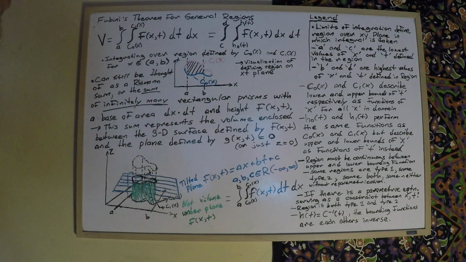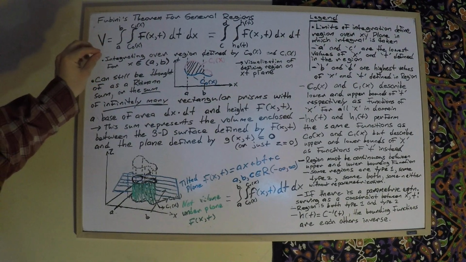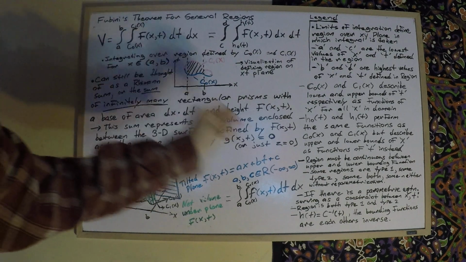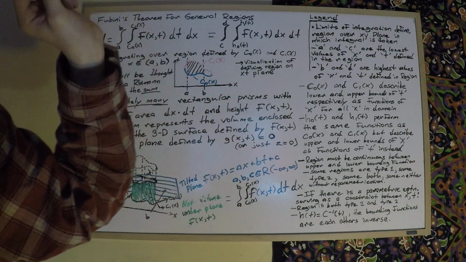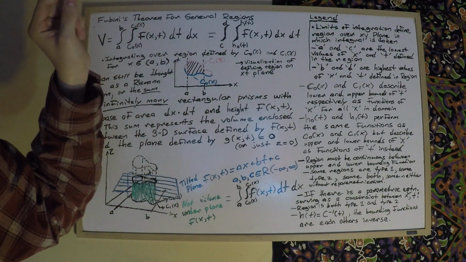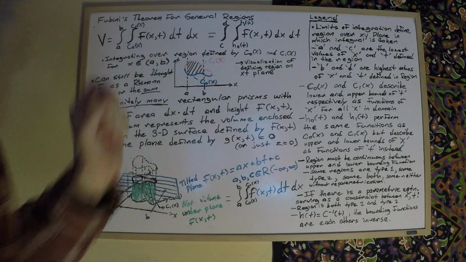Pretty nice situation that comes up when there's a parametric equation relating the values of x and t along the perimeter. So what that means is that you could solve for x or t just using that one equation.